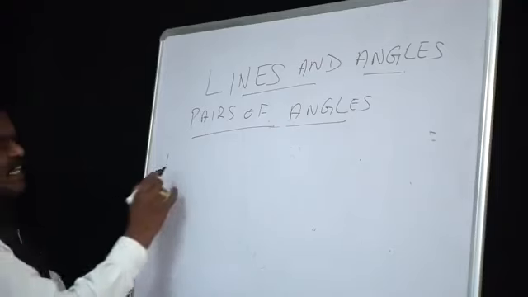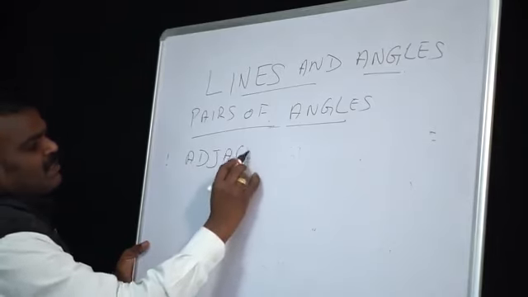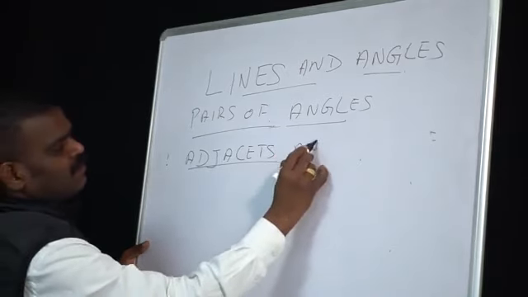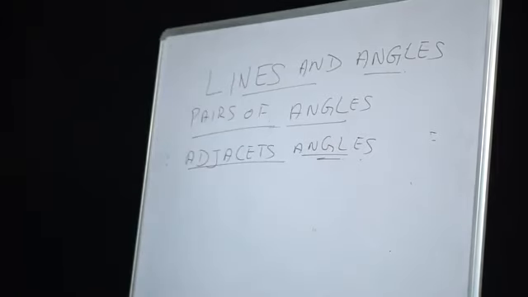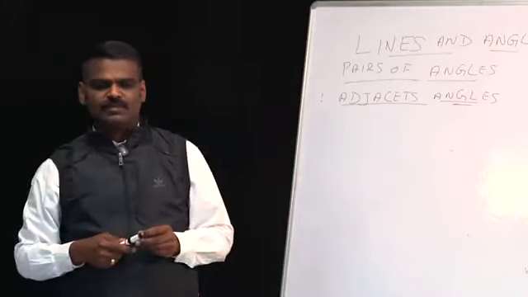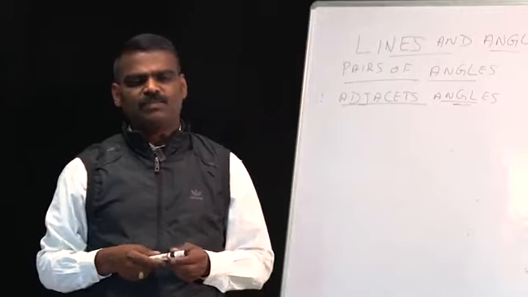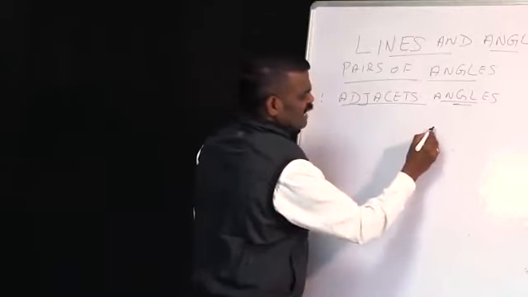First is adjacent angles. Adjacent, this word is very common. Adjacent means what? Immediately next to you. That is the word adjacent. So, adjacent angles means immediately next angles.